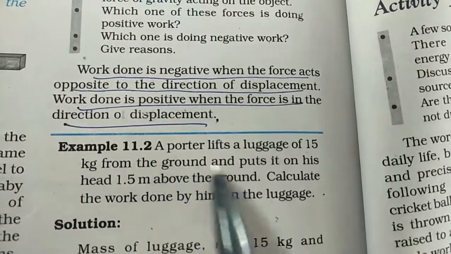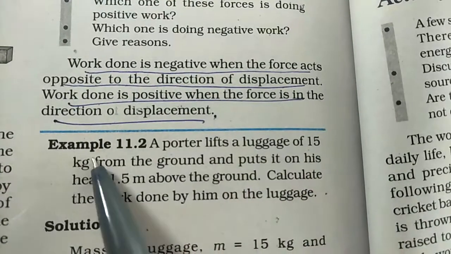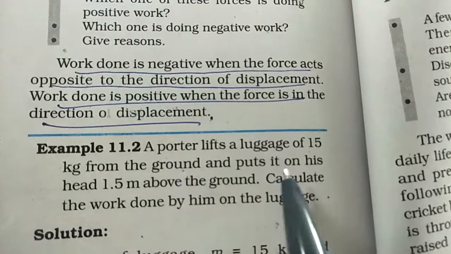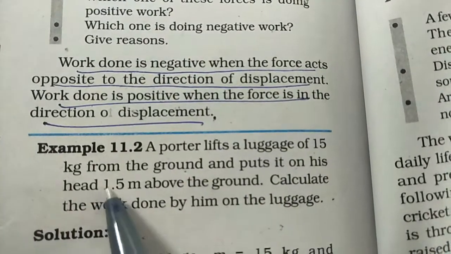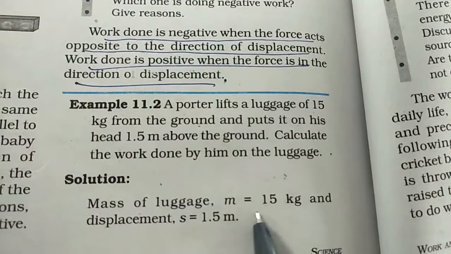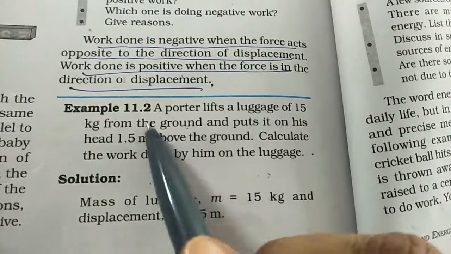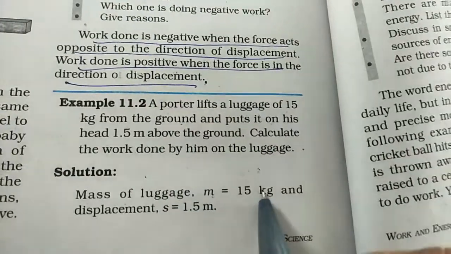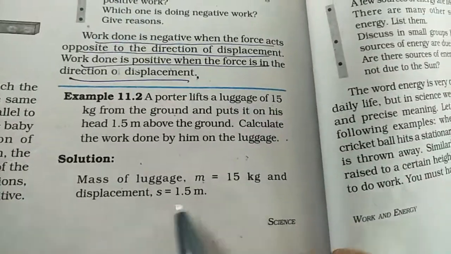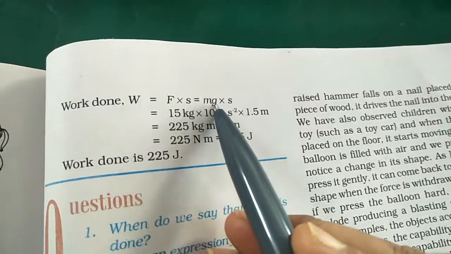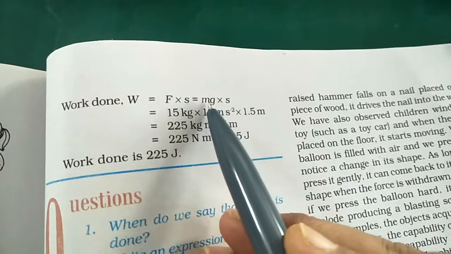We have another example where a porter has to lift 15 kg from the ground and put it on his head, that is 1.5 meter above the ground, and you have to calculate the work done. Here F is not given directly, mass is given, and we know that F is equal to m into a. Instead of a it will be gravitational acceleration g, so F is equal to mg.